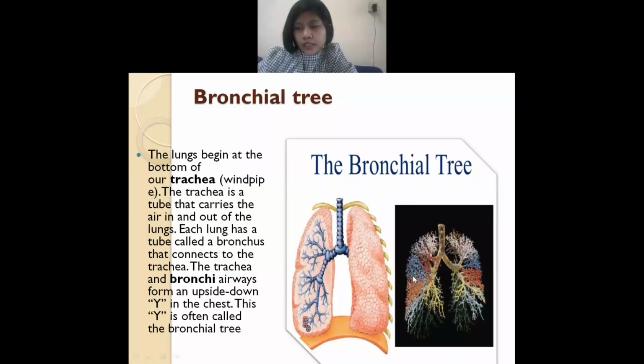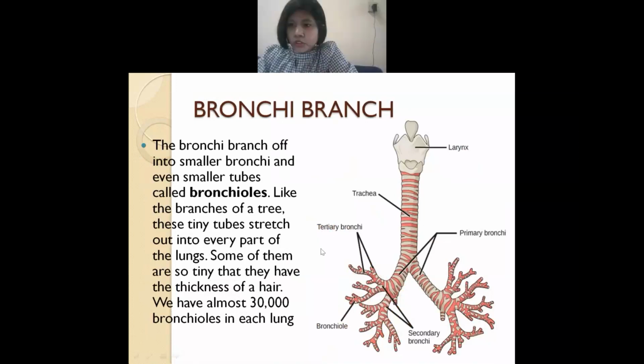This is the trachea, and this is the bronchi, and their shape is like the letter Y. From the picture itself you can see, if you place it upside down, their structure is Y in shape. Is it clear till this portion? And they are known as the bronchial tree. Is it clear? Yes, ma'am.